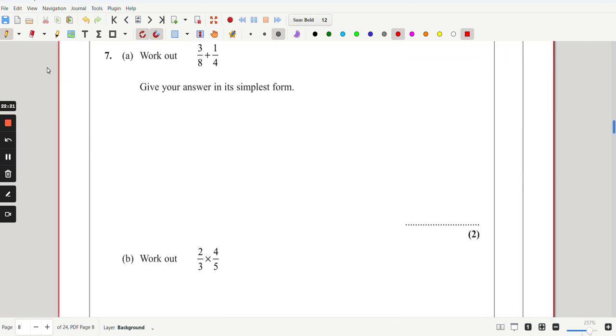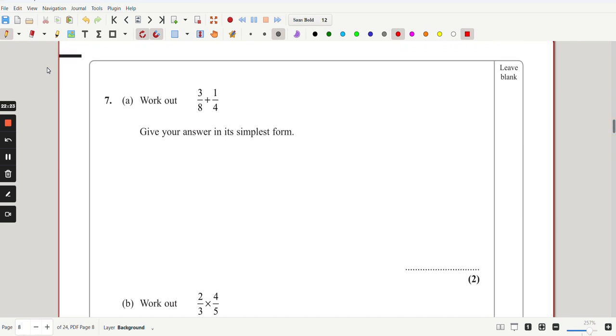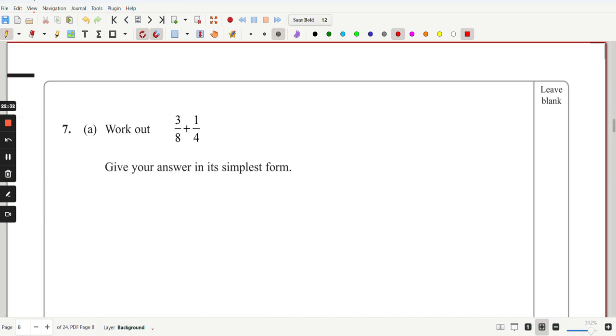Now question 7. We have to work out 3 over 8 plus 1 over 4. Give your answer in its simplest form. Here we can use the butterfly method. So 3 times 4 is 12. 1 times 8 is 8.